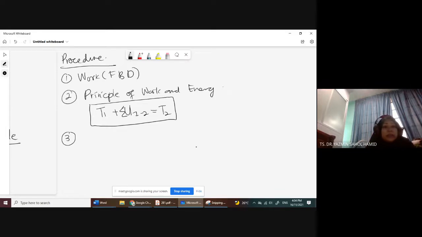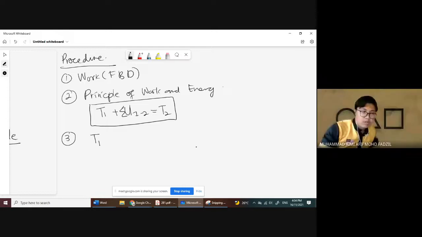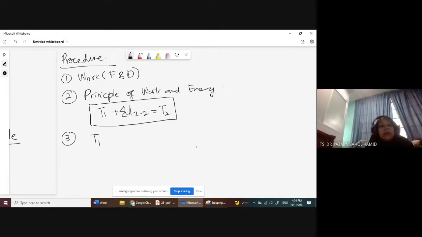You will have a kinetic energy for the initial position and also for the final position. The formula is 1/2 mv squared.